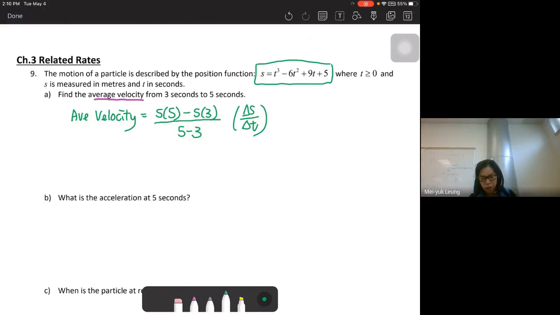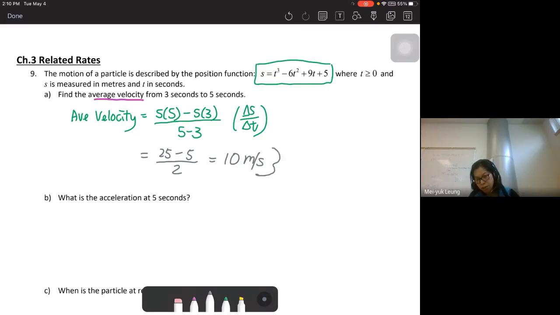So you can use your calculator to figure out the value of s of 5. So s of 5, I have equals 25, and then s of 3 is equal to 5. So then divided by 2. So that gives you 20 divided by 2 is 10. And then don't forget to write down the units.